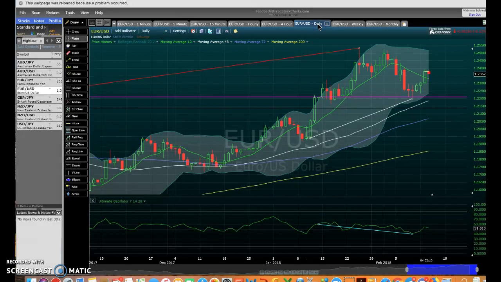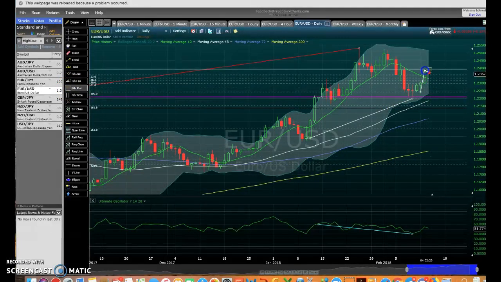So I'm going to start at the daily. It looks like we've had a reasonable day yesterday, and today we've got a bit of a retracement. Looking at that retracement, we might be able to find some insight from a fib as to where that's currently sitting.